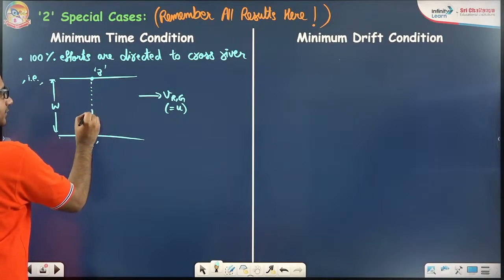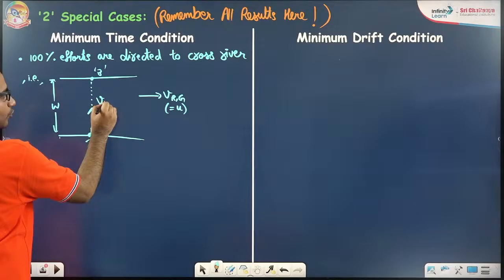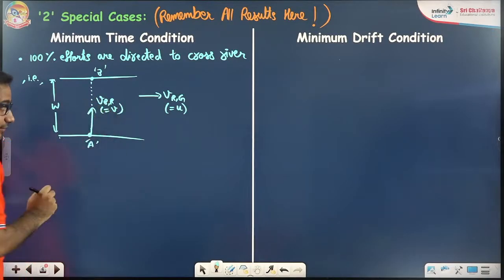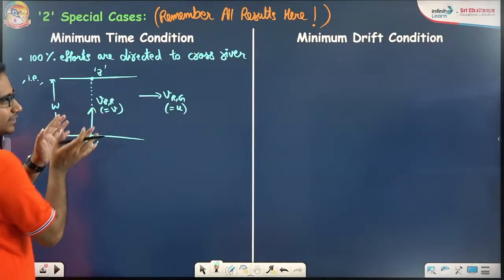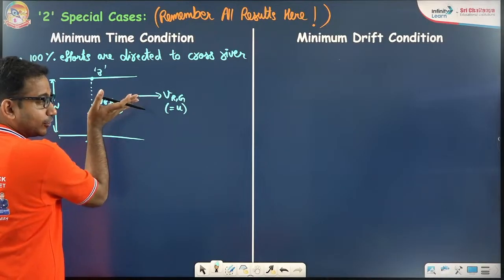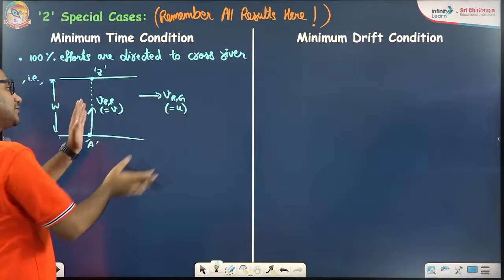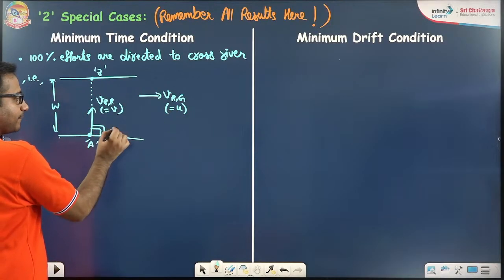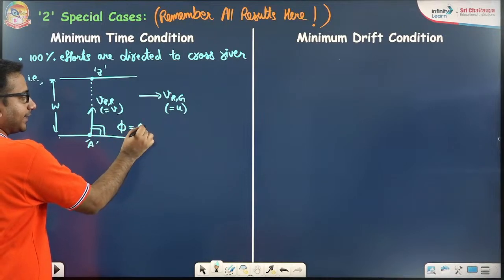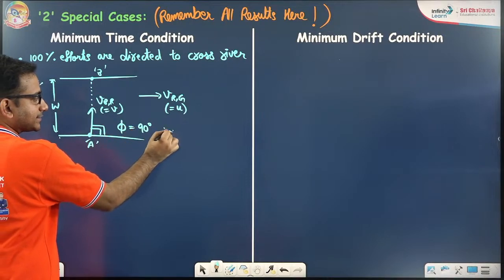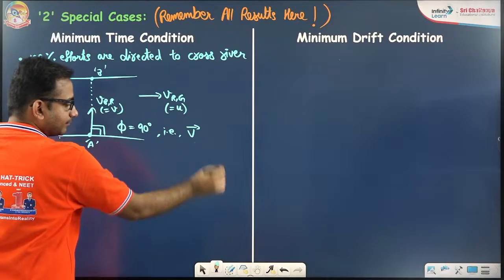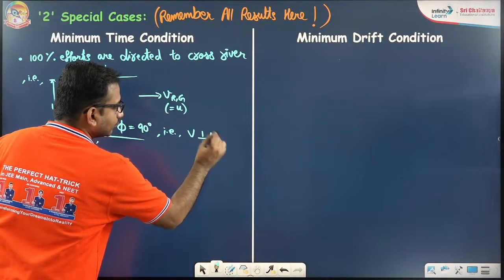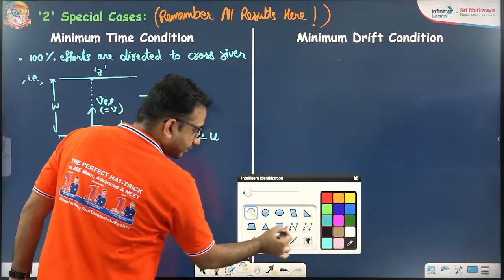So you will be having this velocity of boat inside the river, and that is equal to V. What you can see clearly here is that velocity of river is along the x-axis, velocity of boat, since you want to have 100% effort over there, this angle phi is going to be 90 degrees. That is, the V vector, velocity of boat, must be perpendicular to U.